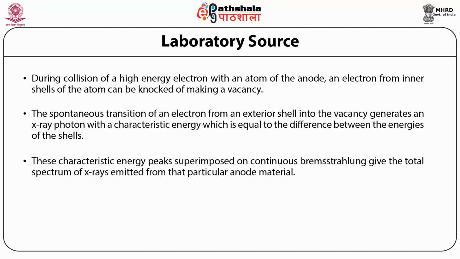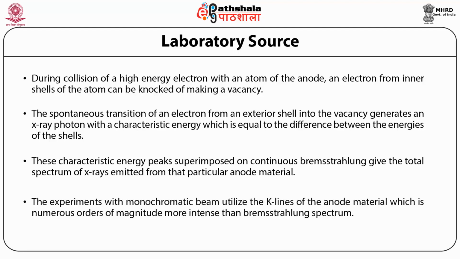These characteristic energy peaks superimposed on continuous Bremsstrahlung give the total spectrum of X-rays emitted from that particular anode material. The experiments with monochromatic beam utilize the K lines of the anode material, which are numerous orders of magnitude more intense than the Bremsstrahlung spectrum.